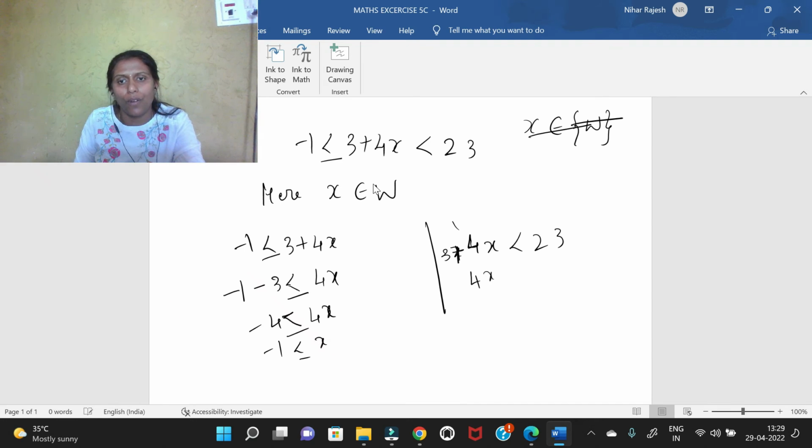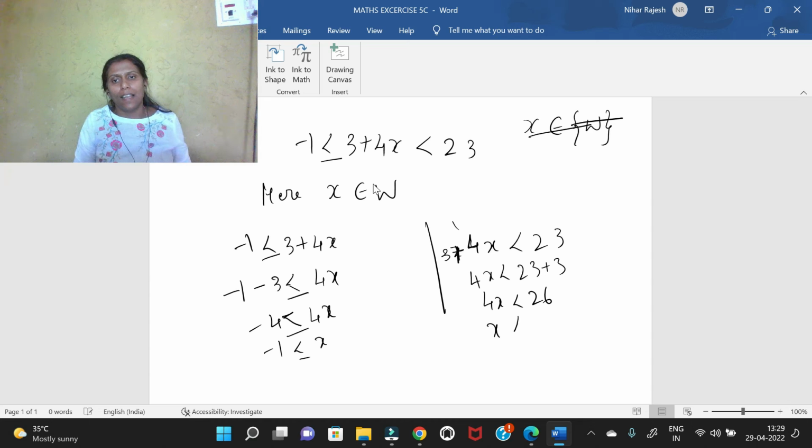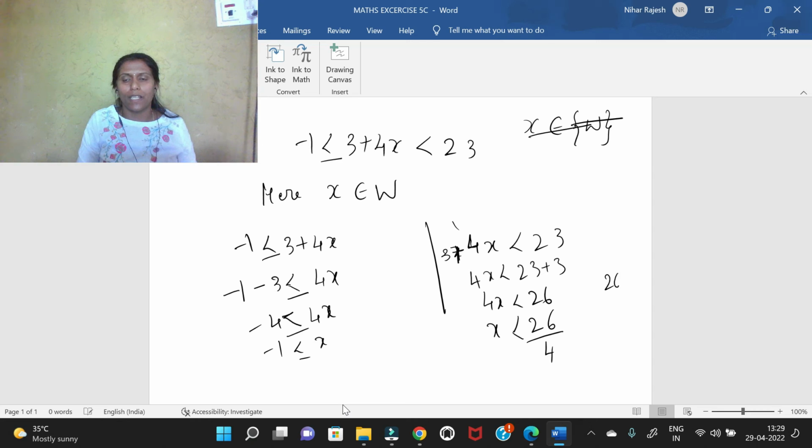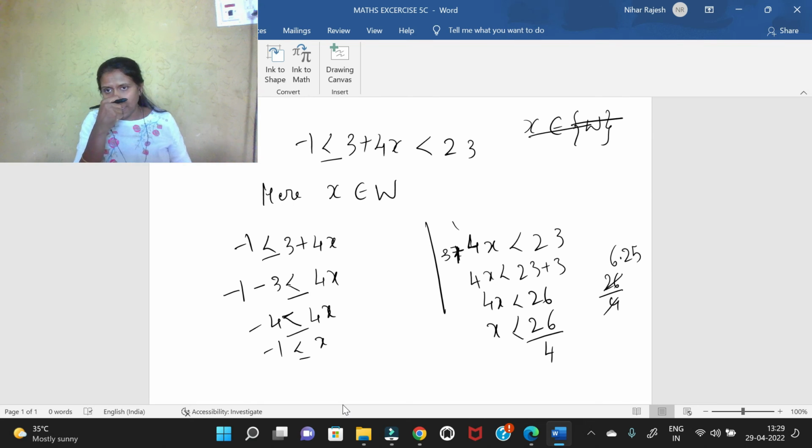So I'll say 4x less than 23 plus 3, which is 4x less than 26, or x less than 26 by 4, and being whole numbers. What is 26 by 4? It is 6 point something. So anything lesser than 6 should work for us.